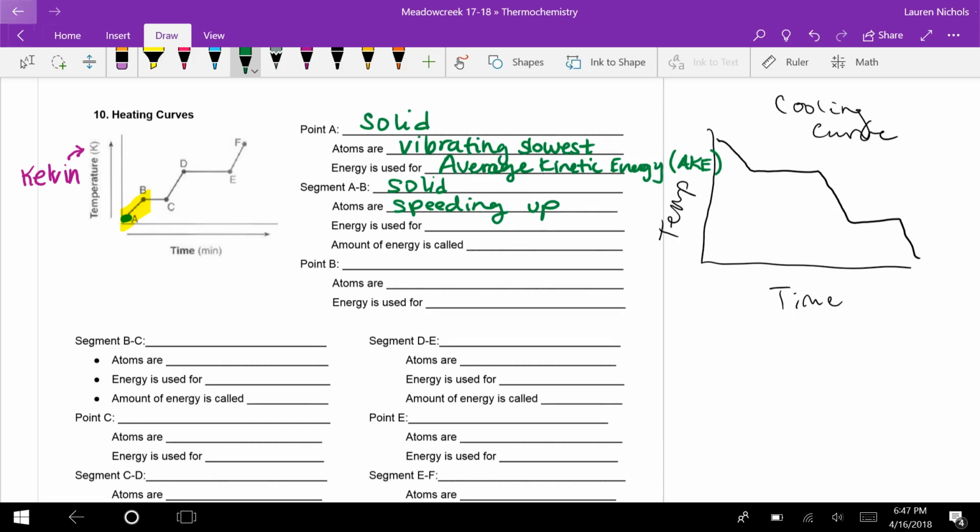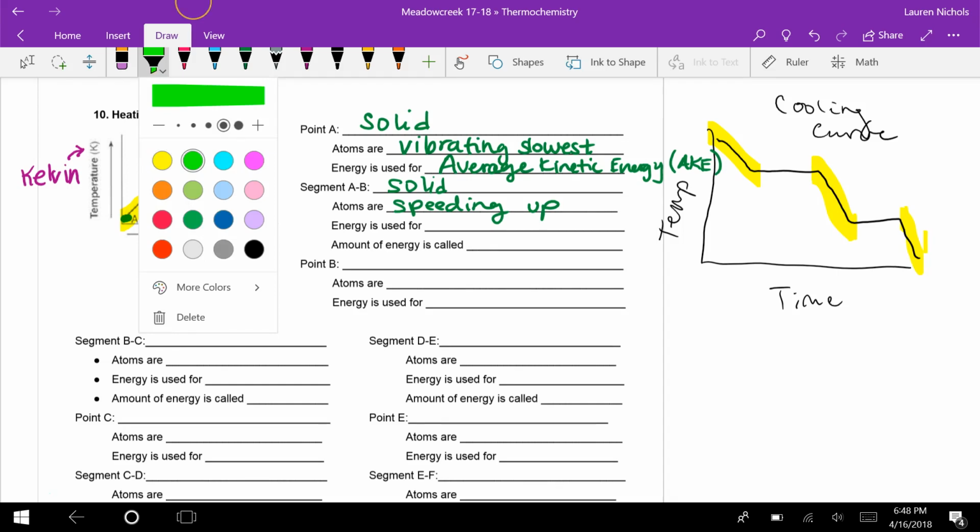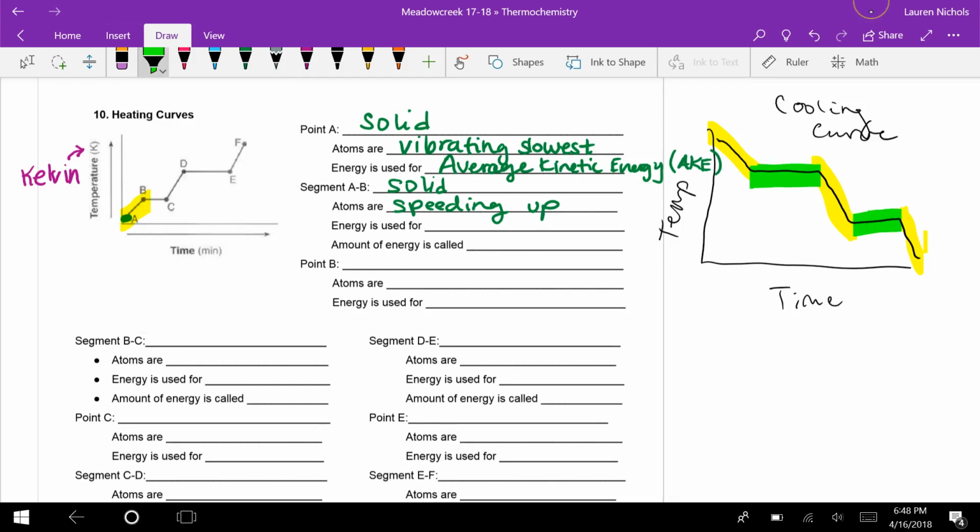So in all cooling curves and heating curves, there are angled segments, and then there are flat segments. Those segments mean different things. With this segment, it's angled, and so that means the molecules are speeding up because the temperature is going up. That means energy is being used for average kinetic energy. And this amount of energy we just call heat, and we abbreviate heat as Q.